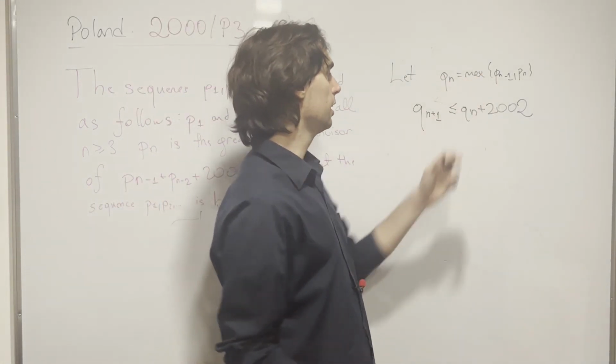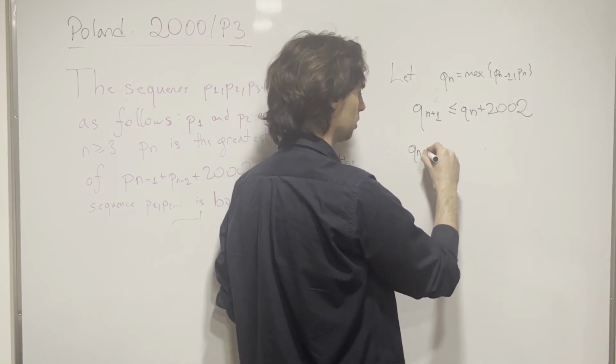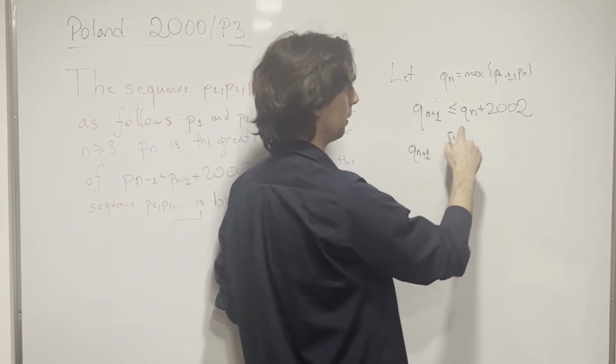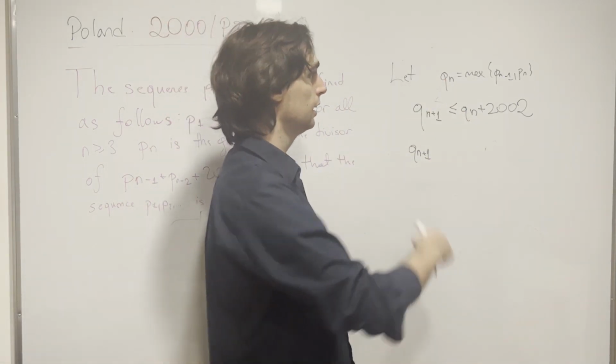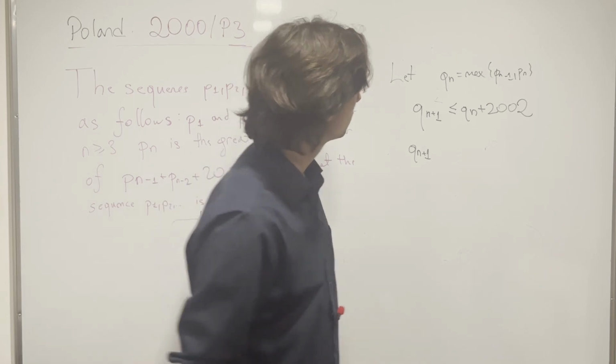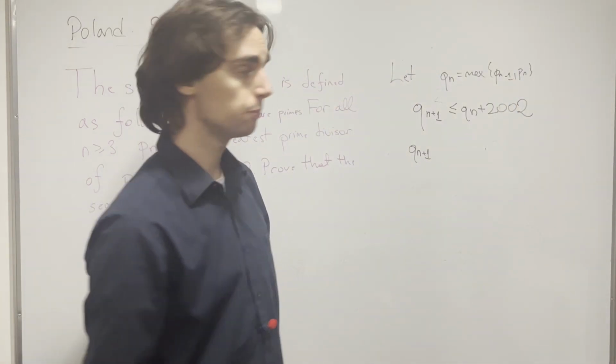And we go with our claim. If both of these are odd, then, mind you, if Qn+1 is equal to Qn, this is obviously true. If it's not, then we're saying Pn+1 is bigger than Pn.